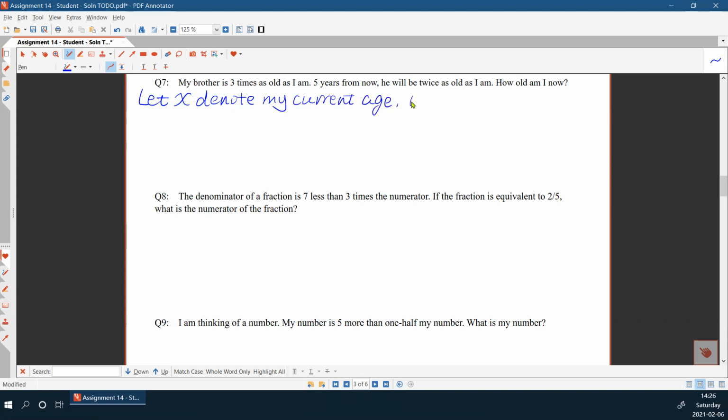Okay, and then this means my brother's age now is 3x, right? Because here it says my brother is 3 times as old as I am. Then my brother is 3x years old now, right?